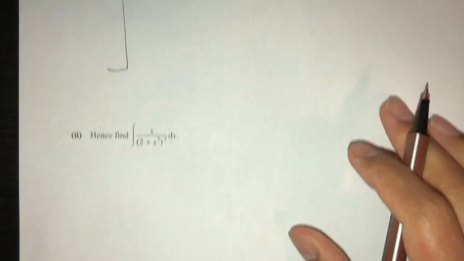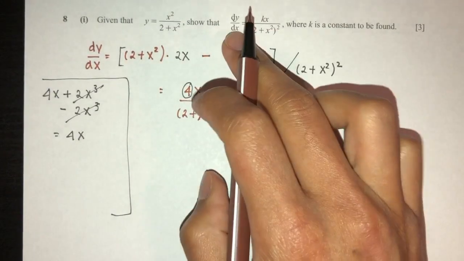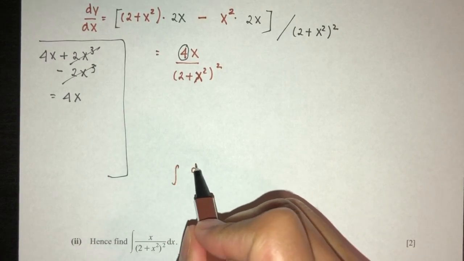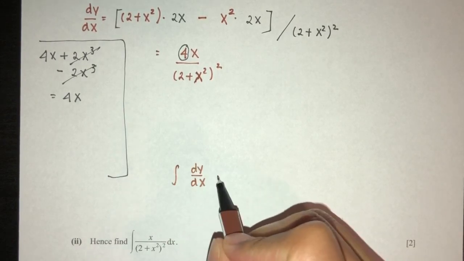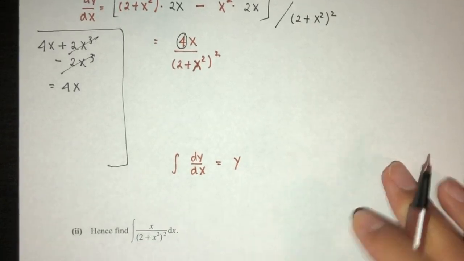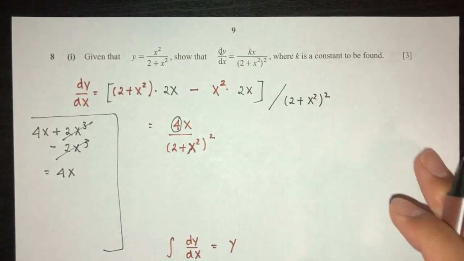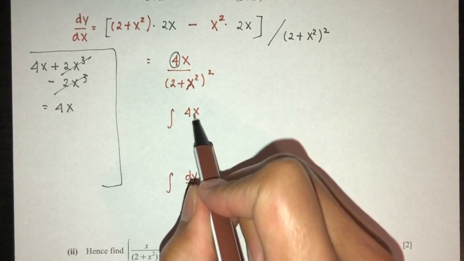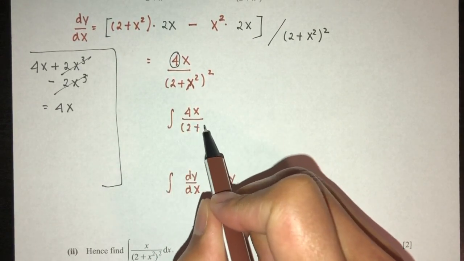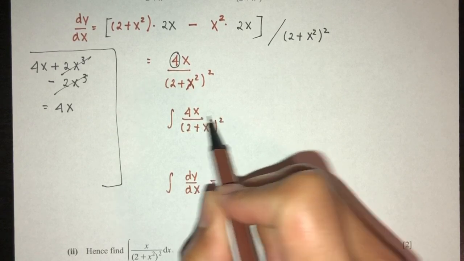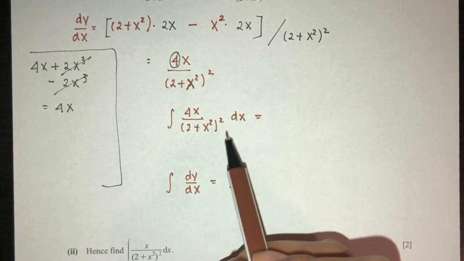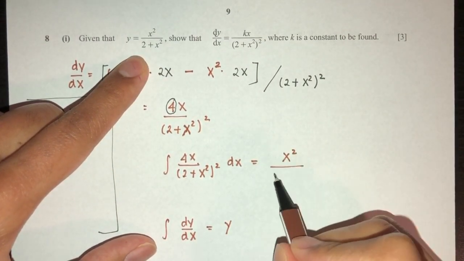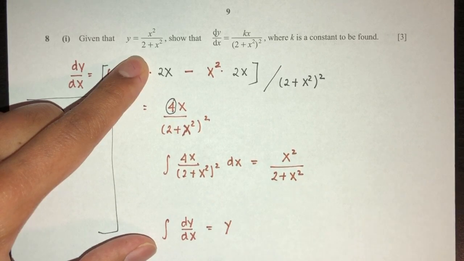So to find this, if you observe, let's see. How do you convert dy by dx to y? As you know, to convert dy by dx to y, we have to integrate dy by dx. That will give you y. So same steps. If you integrate this one, 4x over (2 plus x squared) squared dx, that should give you the same function y from the beginning, which is x squared over 2 plus x squared.